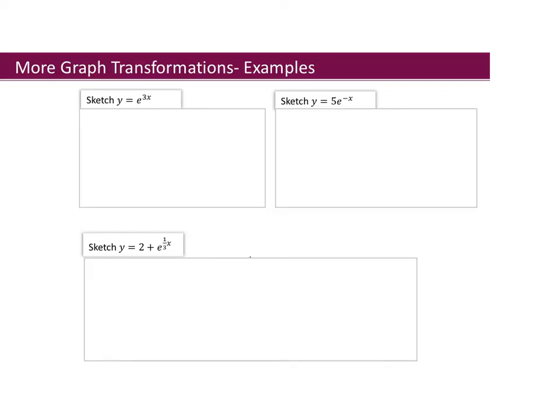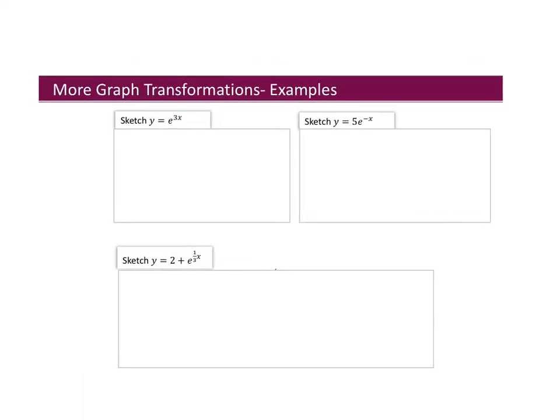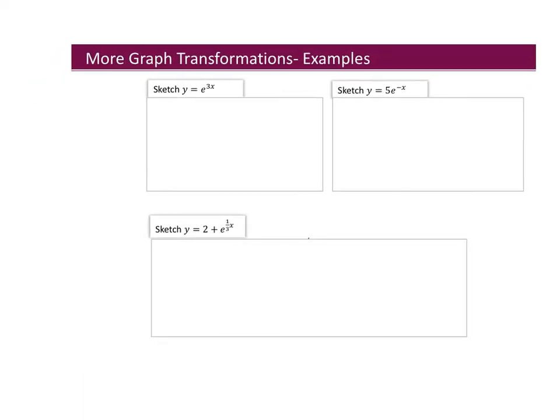So, we know that any number greater than 1 to the power of x looks something like this, and it crosses here at 0, 1.